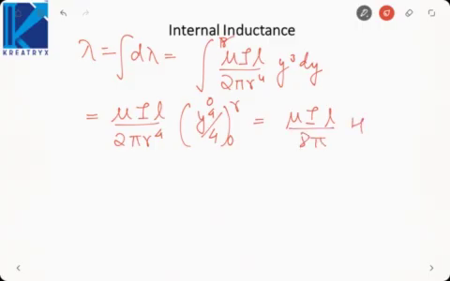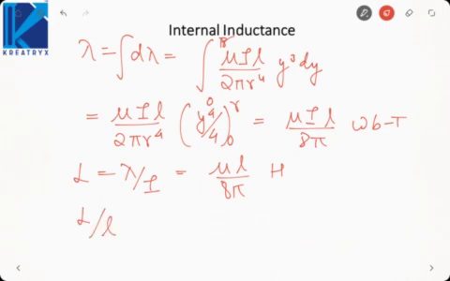Sorry, it will be Weber turns. Now to determine the inductance, it will be lambda by I, that is mu L by 8 pi, and the unit will be Henry. Now if we take inductance per unit length, it will be mu by 8 pi Henry per meter.